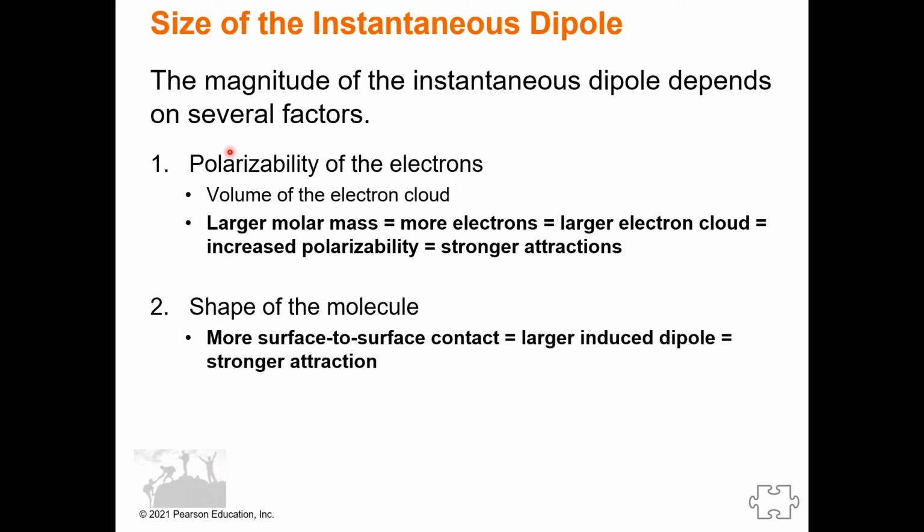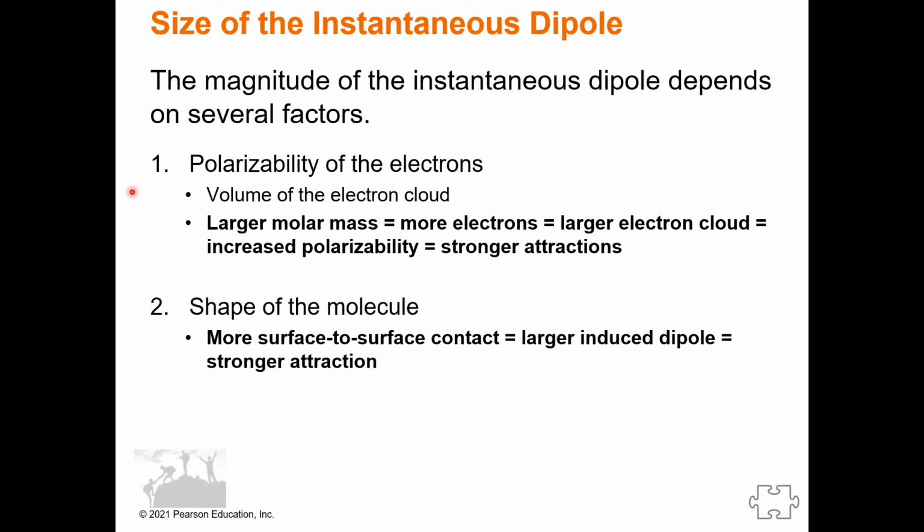If that cloud is really big, then it's really easy for more of those electrons to move to one side of the molecule or the atom so that two poles can be created. So if you have a molecule or an atom that has a very large molar mass, then it's easier to create those two different poles and thus have stronger attractions.